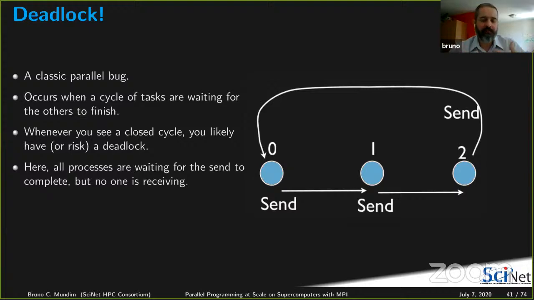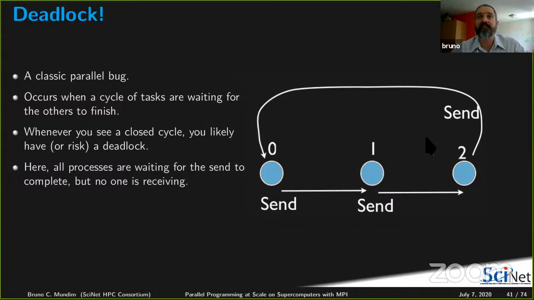In the phone analogy, everybody's dialing, but nobody's picking up the phone to answer the call. Whenever you have this kind of closed loop, you have a very big risk of a deadlock. Most of the time, you're going to have a deadlock.